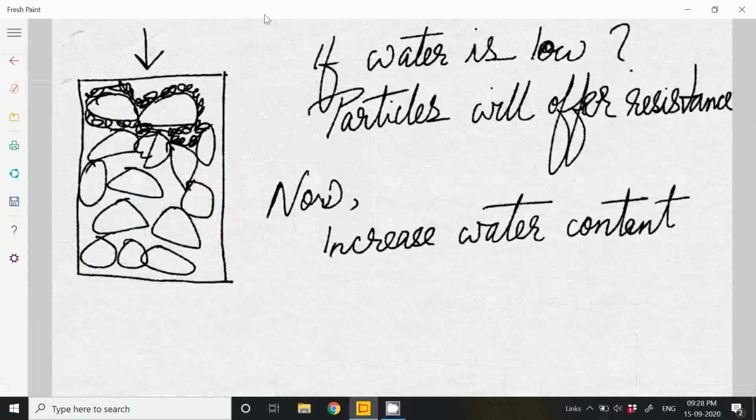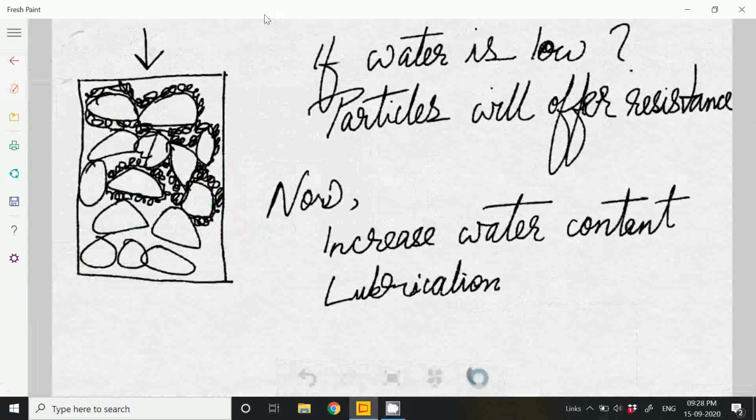When we increase the water content, the water obviously will be absorbed on the surfaces of the soil particles. Then there will be lubrication. Because of water, there will be lubrication on the surfaces of the soil particles.